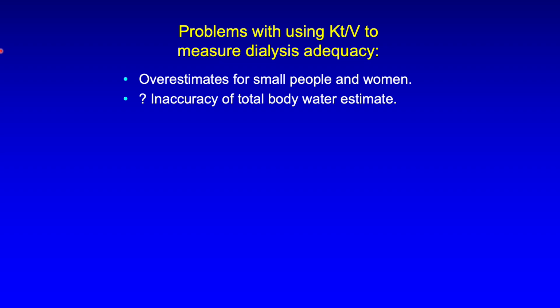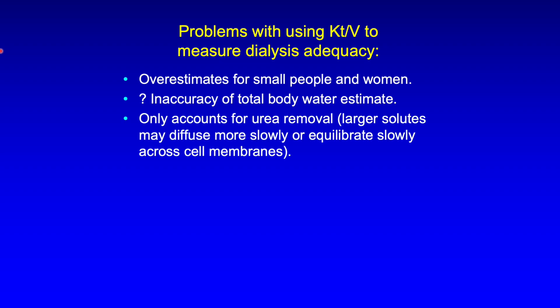It tends to be inaccurate in the estimate of total body water, because of course not everybody is made exactly of 60% water. It only accounts for urea removal, and there are something like 140 uremic toxins that get removed by dialysis. Some of the larger solutes can diffuse more slowly or equilibrate more slowly over cell membranes. And so when you measure KT/V based only on urea removal, things may be looking better than they actually are.